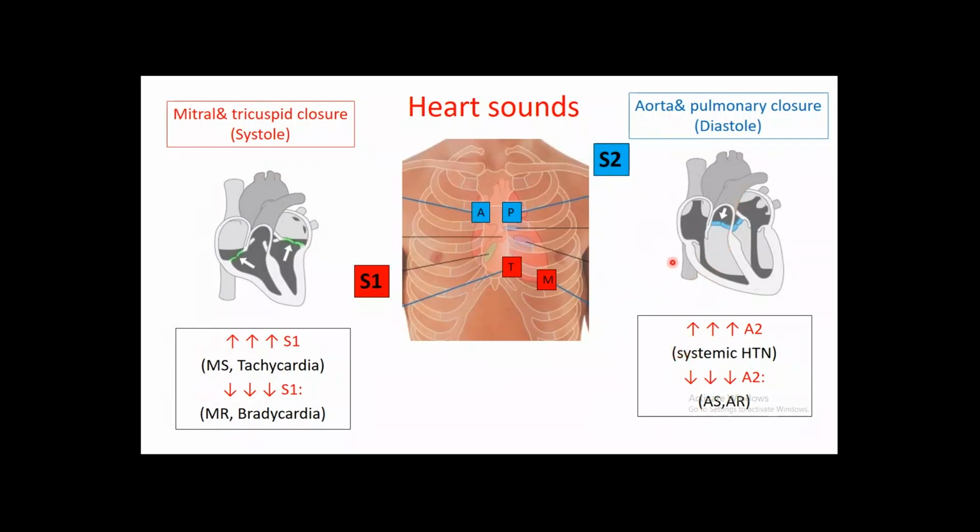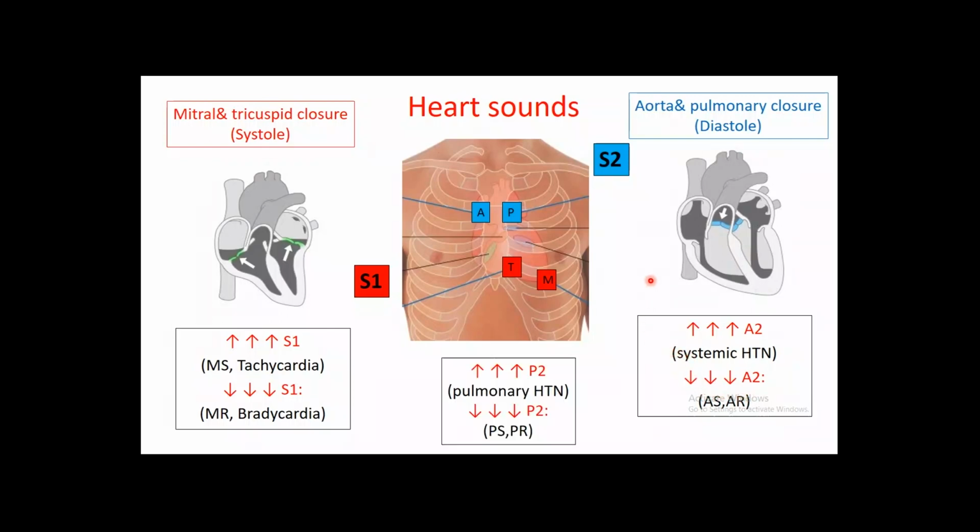And what are the causes of a muffled sound? This is caused by any disease of the leaflet, either regurgitation or stenosis, that limits the meeting of the leaflets. So any aortic disease, aortic stenosis or aortic regurgitation, causes a muffled aortic component of the second heart sound.